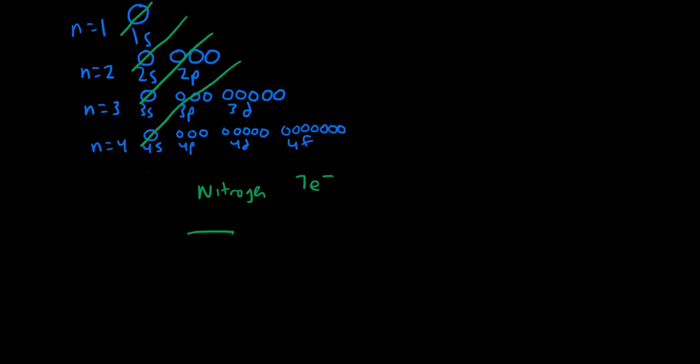And this right here is a 1s. So we're going to put a 1s. And each orbital has 2 electrons. So we're going to have a 2 right here for the electrons. And then we're going to have an up arrow and a down arrow to represent those 2 electrons. And it's an up arrow and a down arrow because the electrons have opposite spin.